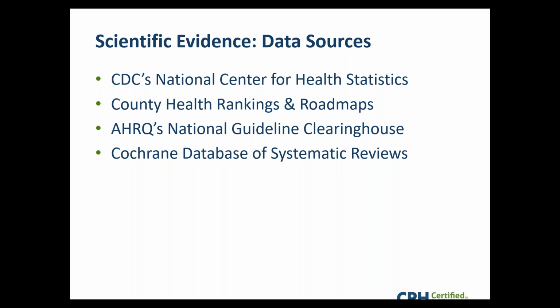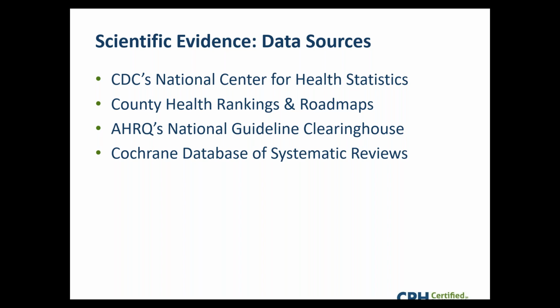We can use lots of sources, the CDC's National Center for Health Statistics, which is where I found the drowning prevention and the drowning numbers, its relative impact on the Florida youth and the deaths across the nation as well.